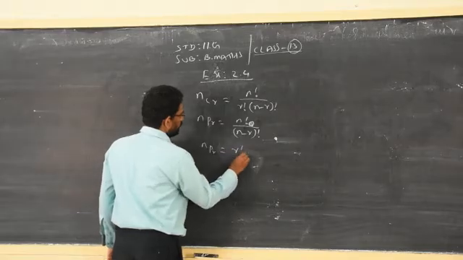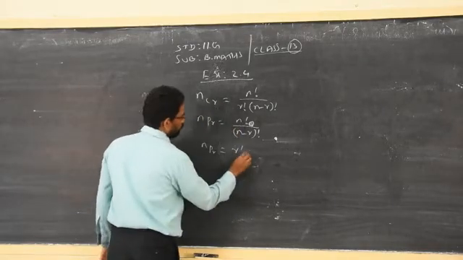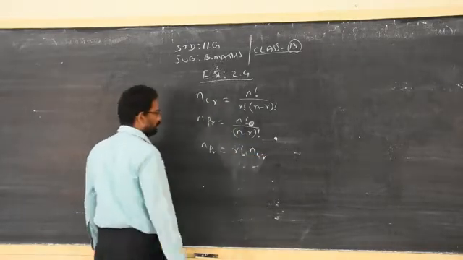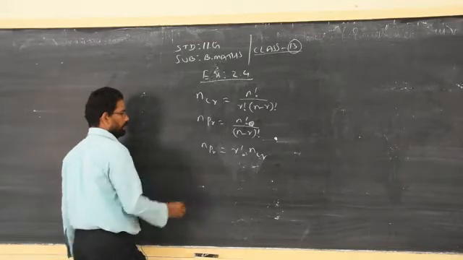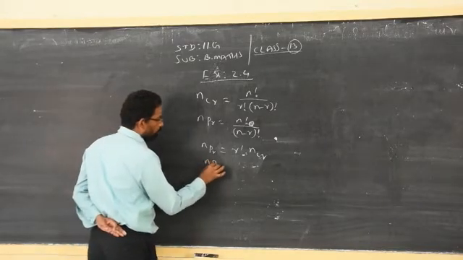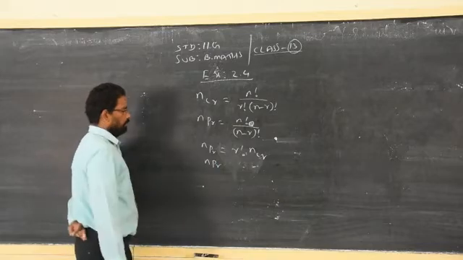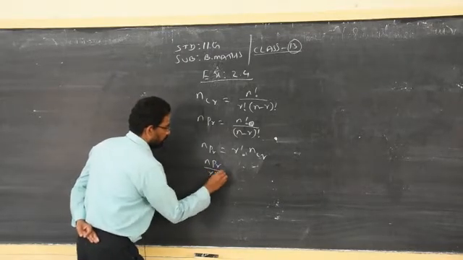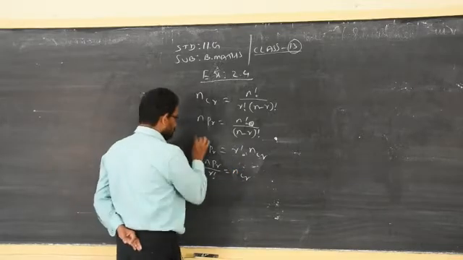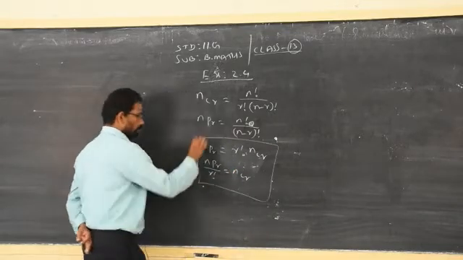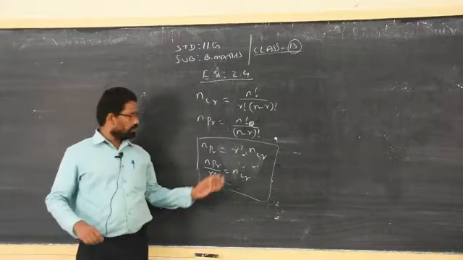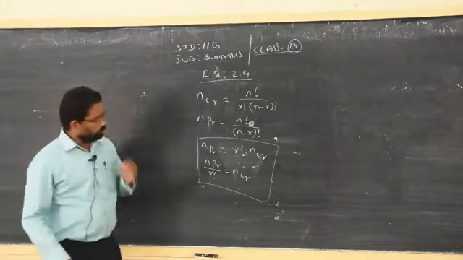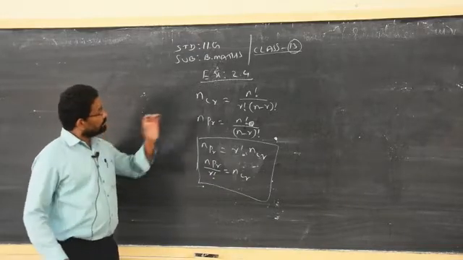If you multiply that NCR with r factorial, you get NPR. And one more concept, NPR by r factorial will give you NCR. So depending upon the question, you are supposed to take these types of formulas. Now the question, this is the base.